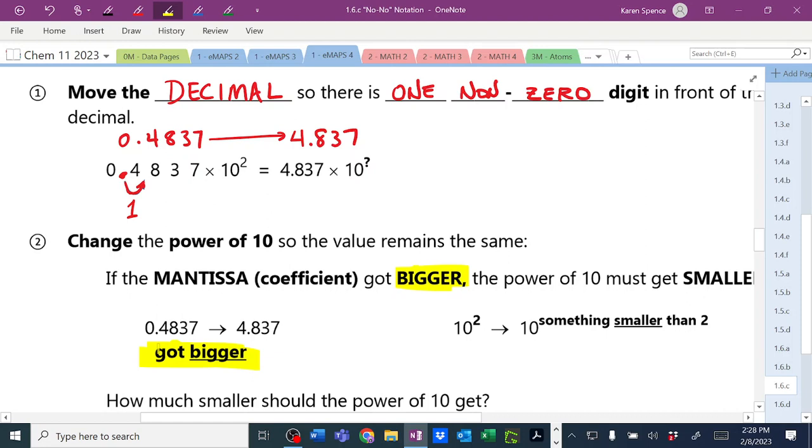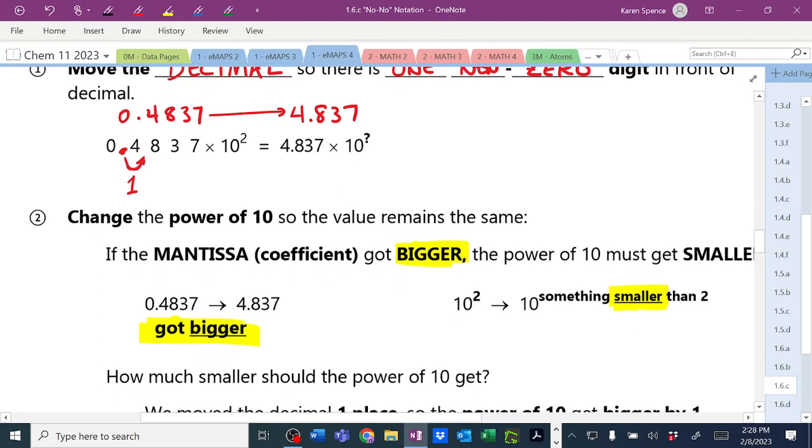That means that the power of 10 has to get smaller. And the coefficient got bigger by how many powers of 10? Yes, 1 power of 10 because we moved the decimal place 1 position.